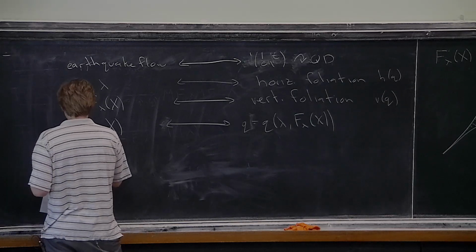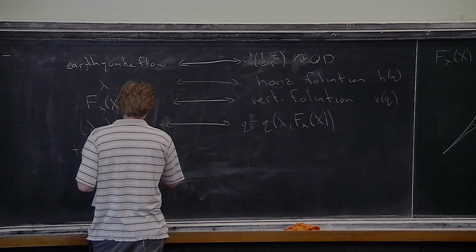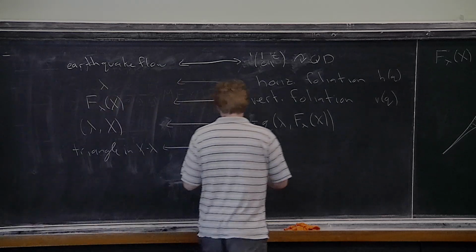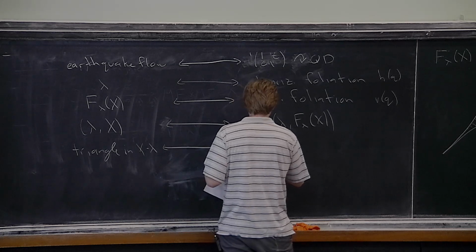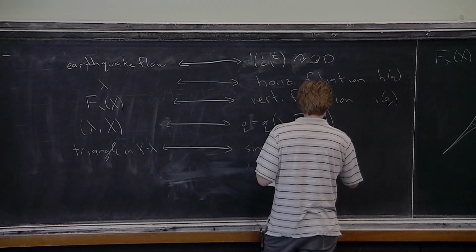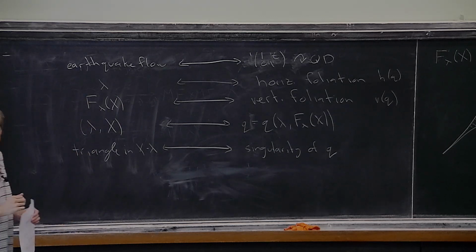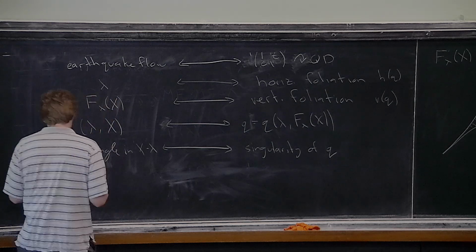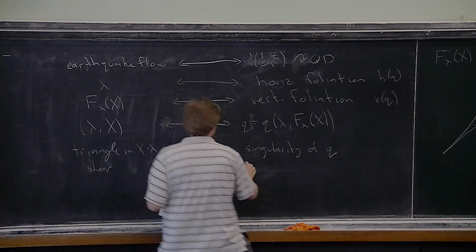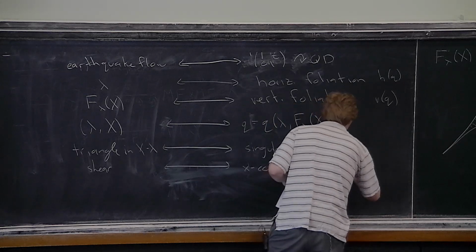Okay, so a triangle in x minus lambda, one of these complementary triangles, corresponds to a singularity of q, a cone point of angle 3 pi. So we're just doing the minimal singularities. And the shear corresponds to the x component of a holonomy, or a period.